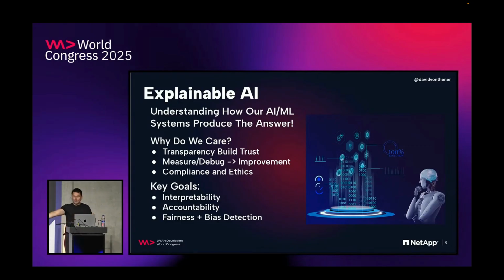Find the bad to improve it. But ultimately, at the end of the day, you're talking about fairness, ethics, compliance, making those things better and improving your systems. So you have interpretability, accountability, but in that AI recruiter case, fairness and bias detection, so you can remove those things and fix those problems to make everything fair for everyone.